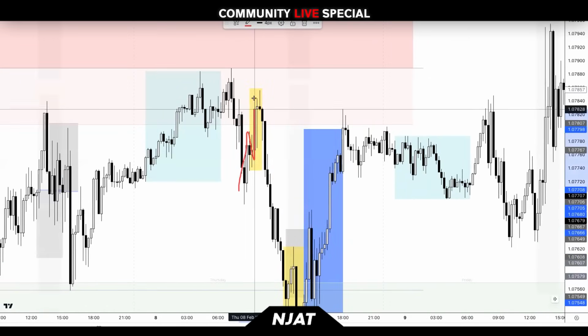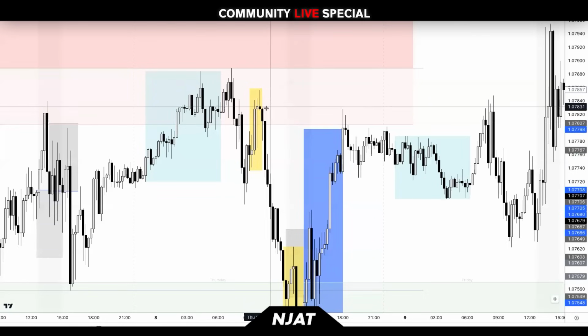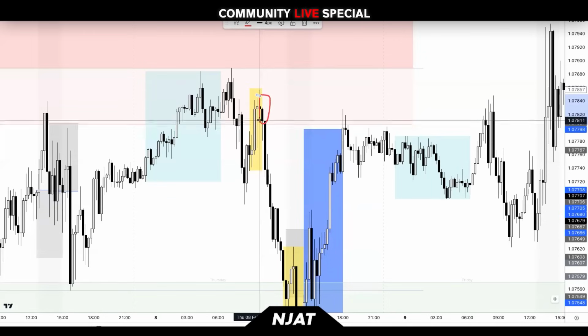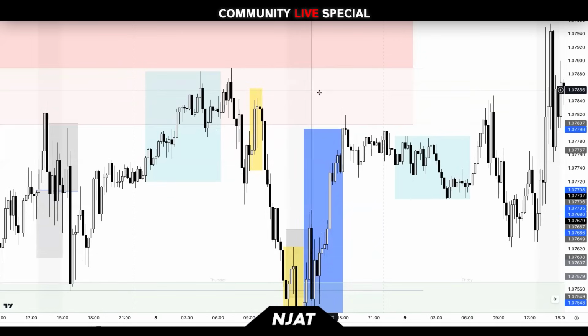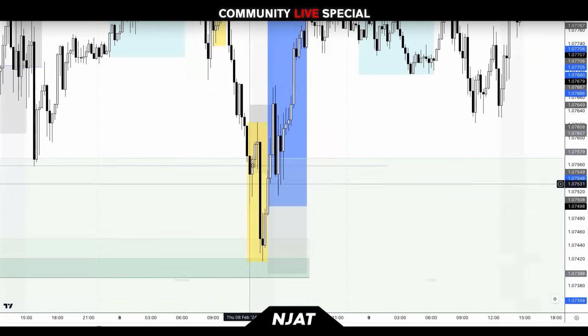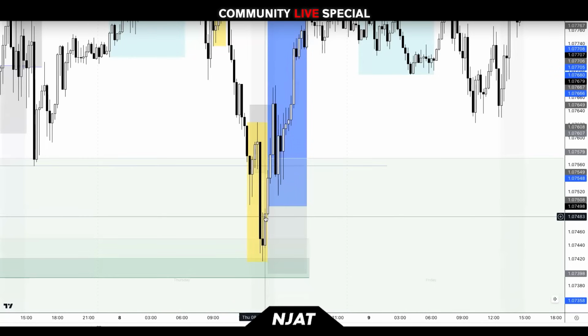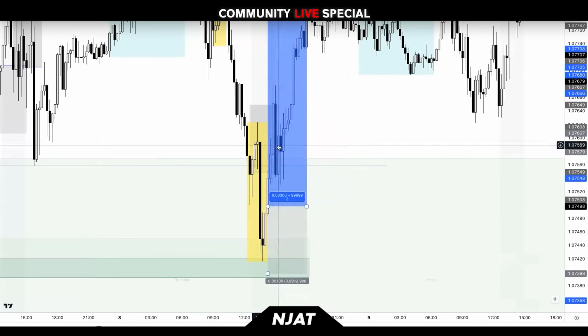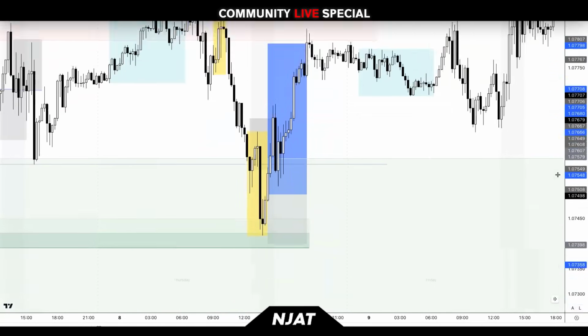So move up, pull back, run above a high, and then see 1 bearish candle, 2 bearish candles, and then I would execute here. Or if this was 1 bearish engulfing, then I would execute here. So those are the ways that I'm looking to get involved in my setup. So here we see new OB created, 1 engulfing candle here. So this is a good opportunity to then take continuation to the upside.